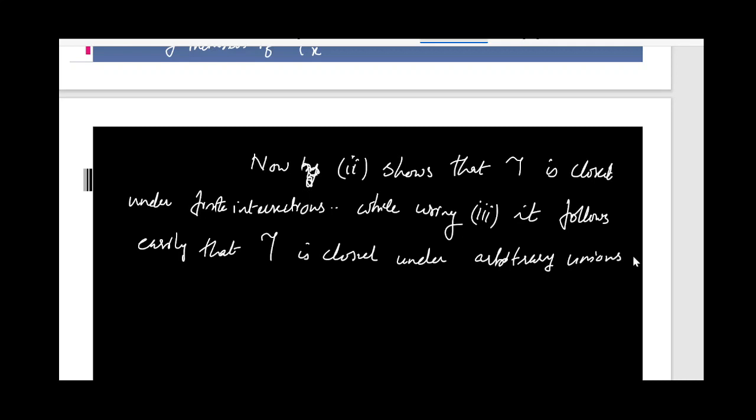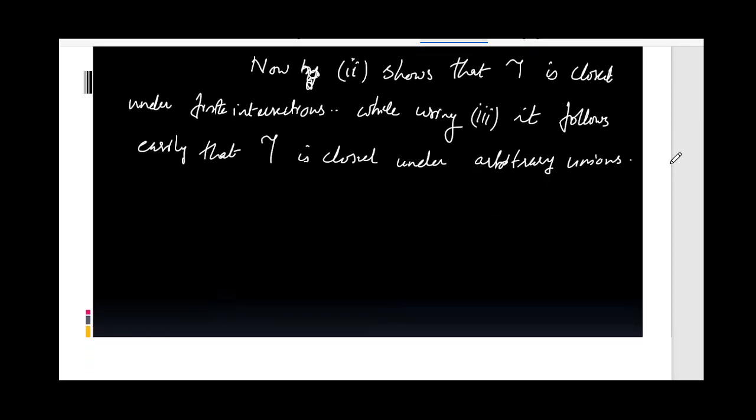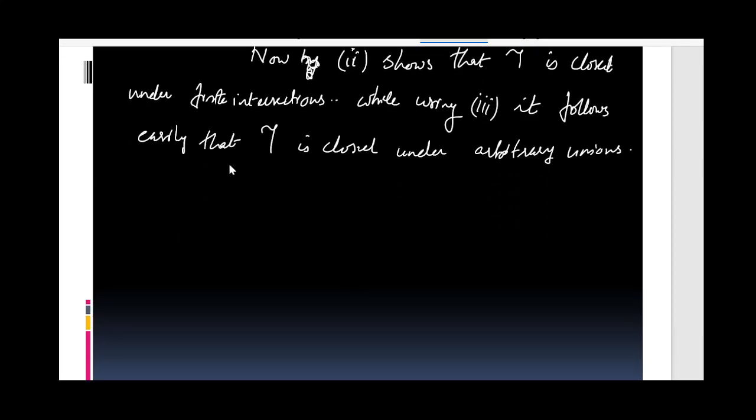So we have proved that it is closed under arbitrary unions. So this implies your collection T is a topology on X. The topology on X.